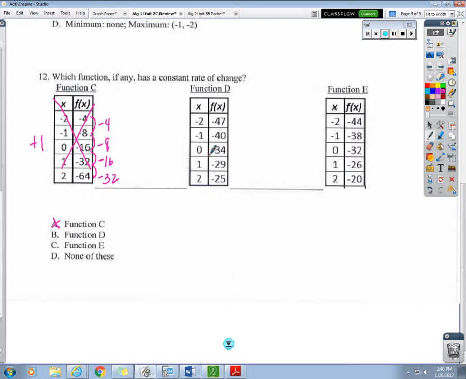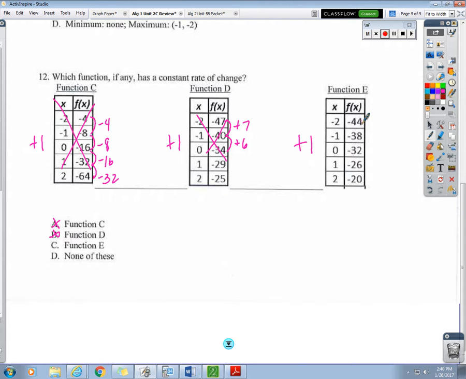Let's look at D. Look, this is the same list. That's up 1. That's the same as that one. But then look at the y's. First you go up 7, but then you go up 6. So already we know it's out because it wasn't consistent. So B's out. Okay, this one, same list for x's. They're all going up by 1. But now let's look at the y's.